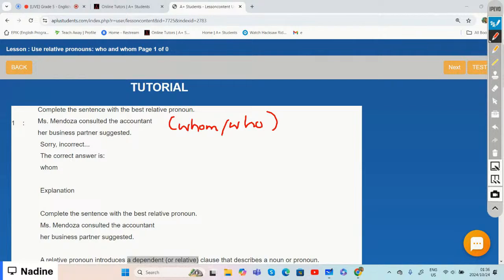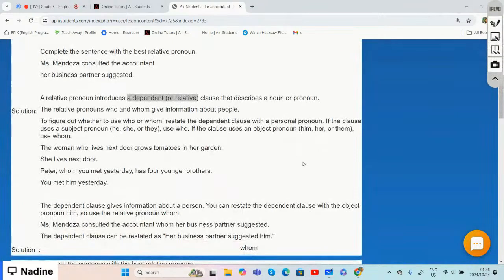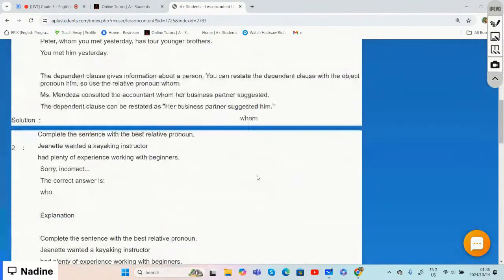All right. And if we were to choose the correct relative pronoun, yes, whom, well done, whom her business partner suggested. So whom, well done, is correct.